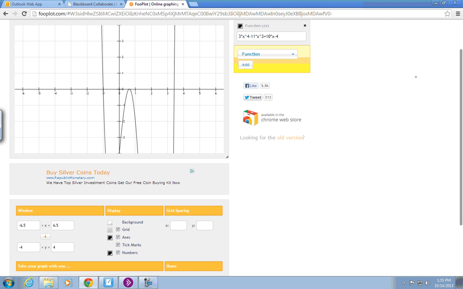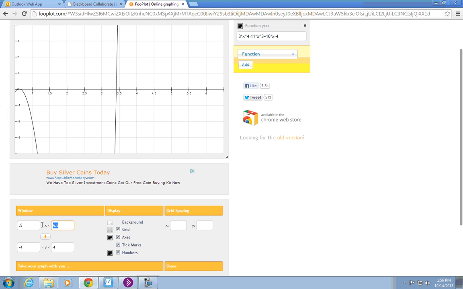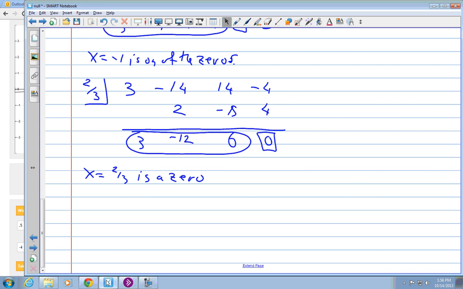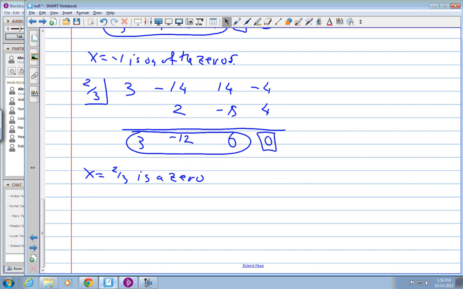If I do the window between 0.5 and 0.75, I don't know, maybe it does bounce, but I don't know. That's all I'm saying, right? So again, we cannot really go off of the graph, but the graph kind of gives us a hint where might be a good idea to play with.